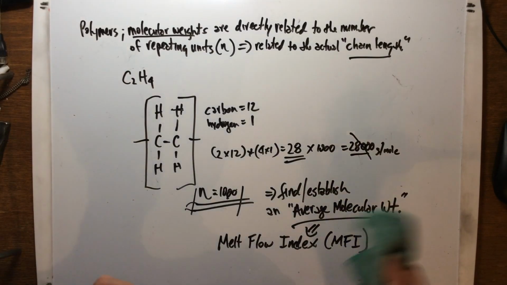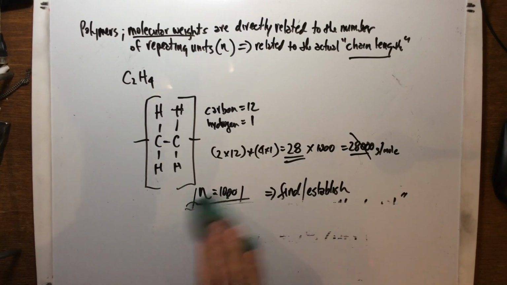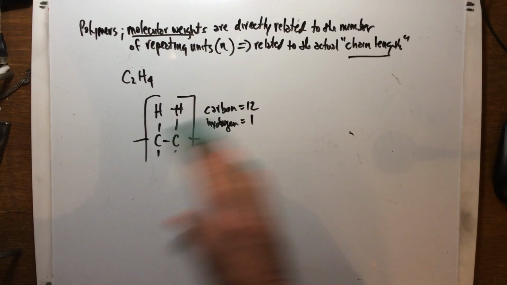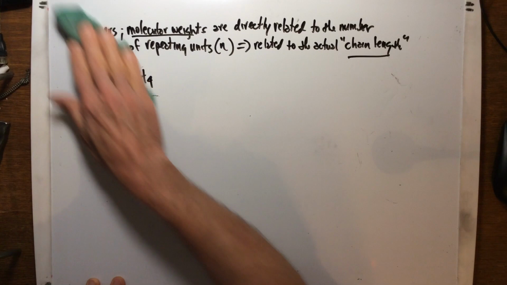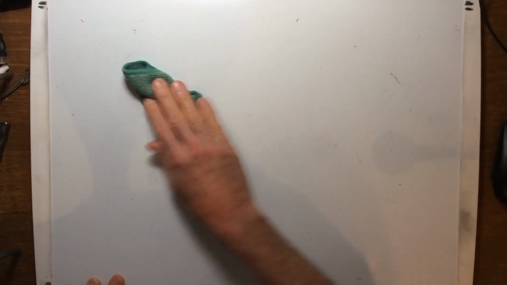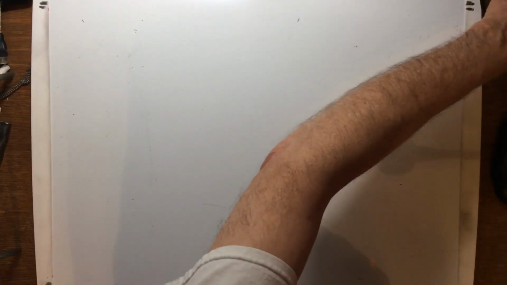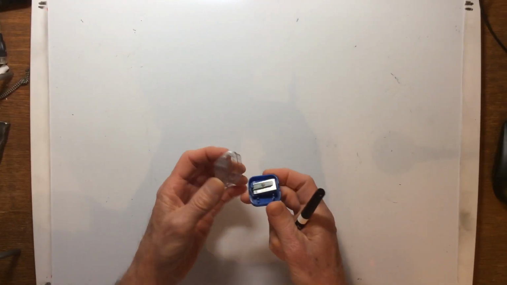By the way, these polymers come to a manufacturer from the producer. If you're in the business of injection molding parts, let's say you were making pencil sharpener bodies, this little plastic thing.